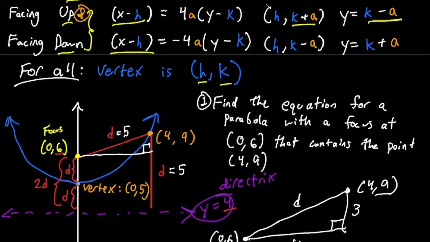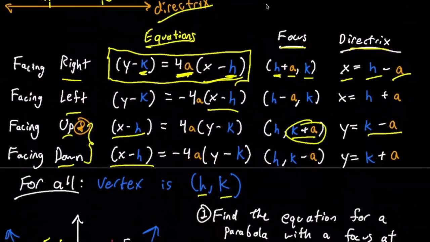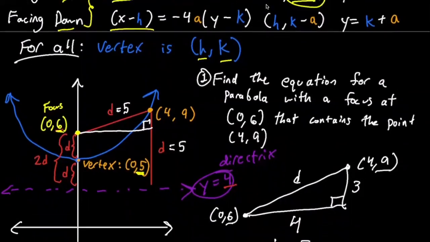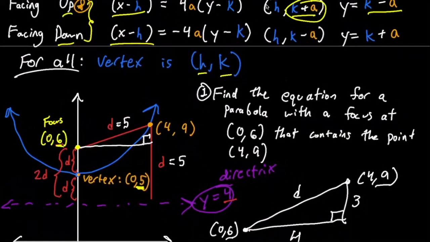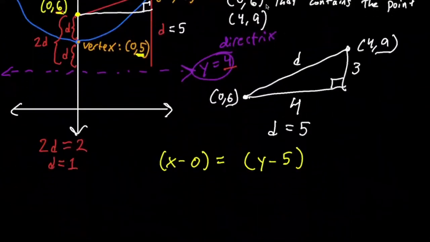So for example, if we're looking at the focus, this one right here, we have h comma k plus a. So h comma, our k value is 5, so we do 5 plus 1 to get 6. So the a value is that distance that we see between the focus and the vertex, or between the directrix and the vertex. So in front we have 4 times our a value, which is 1.